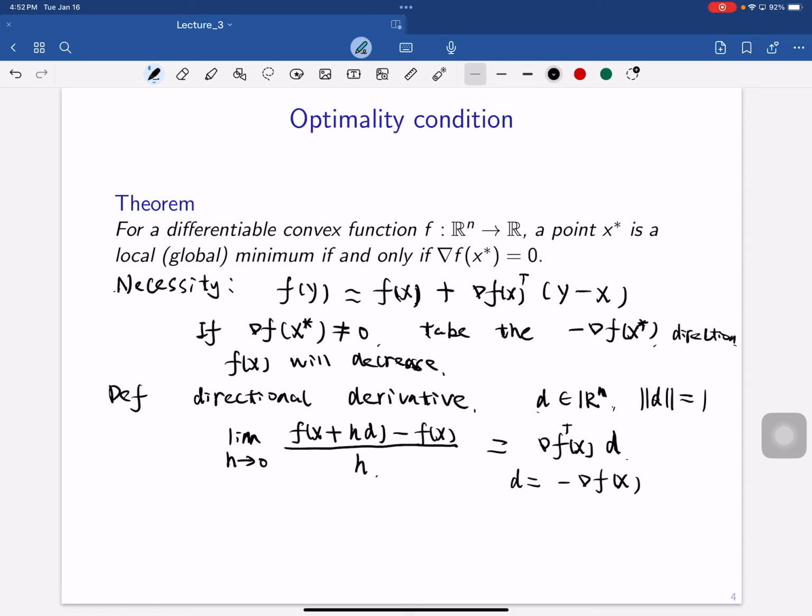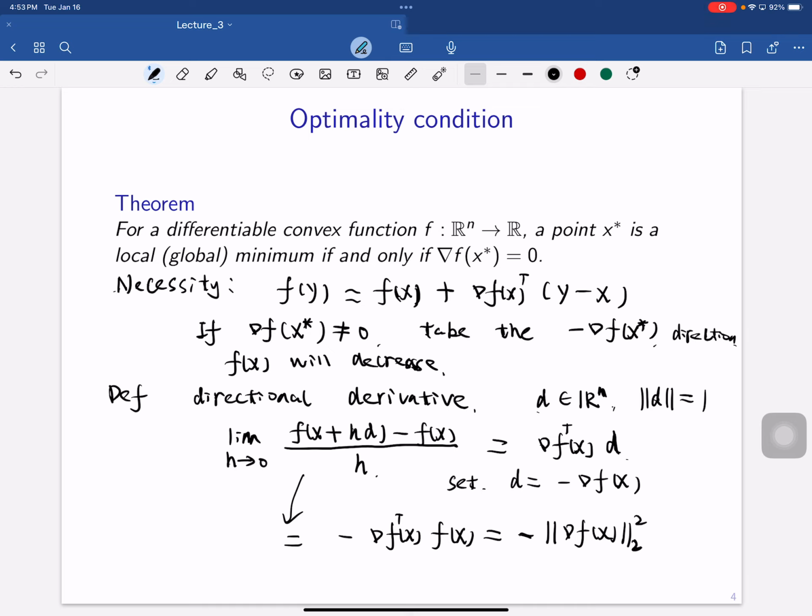Then, if we set d equal to this, this would be equal to minus the gradient transpose the gradient, which is minus the Euclidean norm squared.